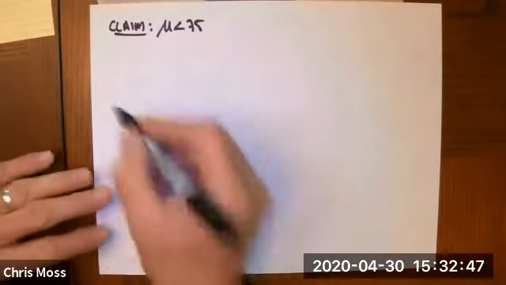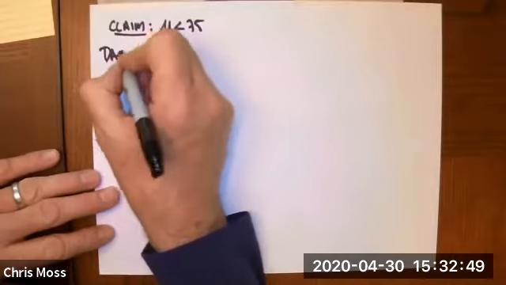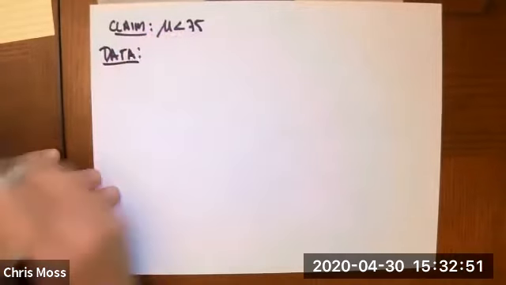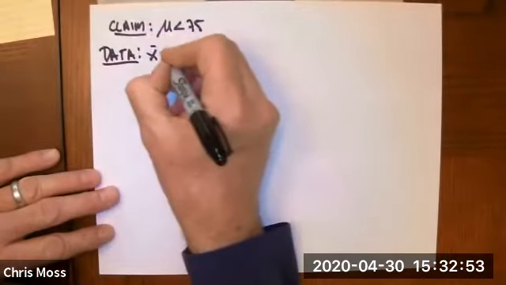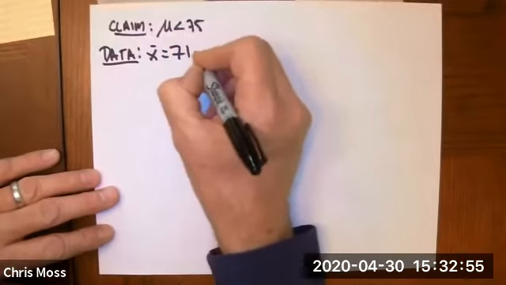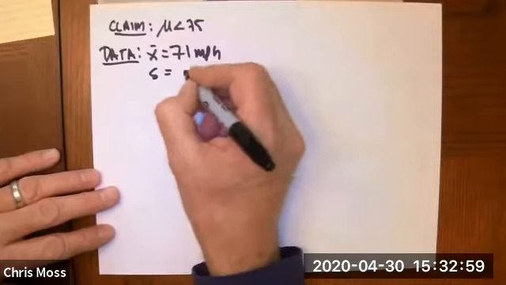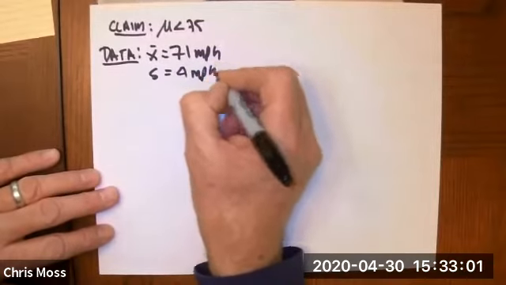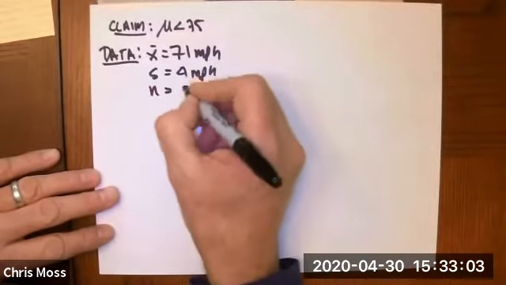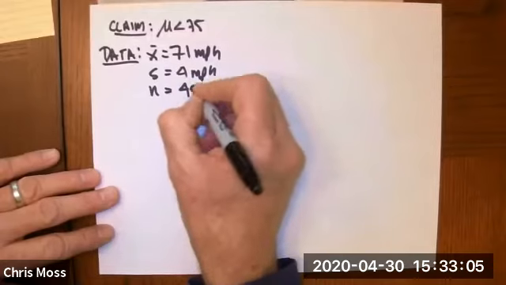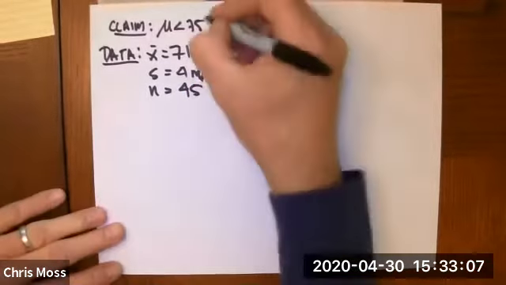Maybe speeds on our freeway. I have data that may support or not that claim. x bar equals 71 miles per hour, s equals 4 miles per hour, and n equals 45.